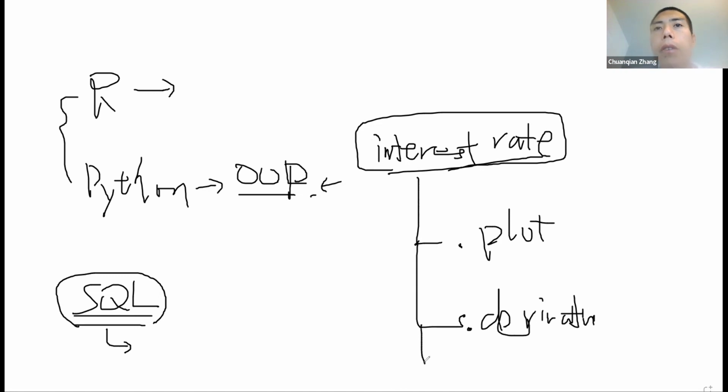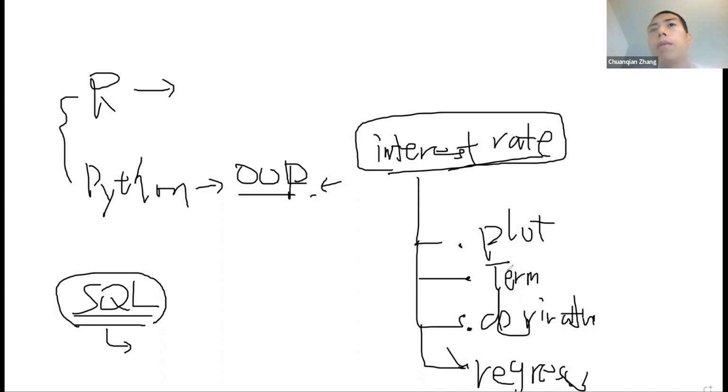We also have another function for the interest rate, let's say regression, to look into the statistics of the term structure, something like that. Or sometimes we want to look into the term structure. Those are a little bit high level finance knowledge. You don't need to necessarily understand all of them. So my question is, you're a Python developer or user, right? So you want to talk with outsiders.